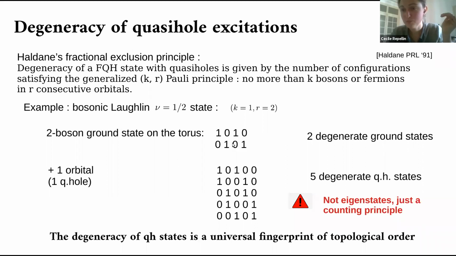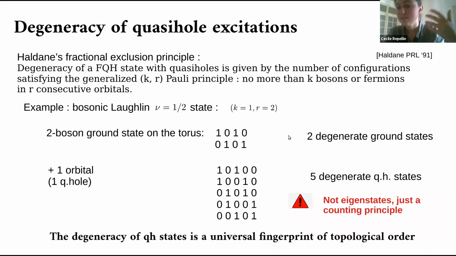Now I have written 2 states, but in practice for bosons there are a lot more states, right? I could have written 2, 0, 0, 0, or place this 2 anywhere I want, or I could have had 1, 1, 0, 0, and so on. So the actual Laughlin state, the ground state, is going to be a superposition of pretty much all of these configurations with different coefficients. All of them are going to be involved.